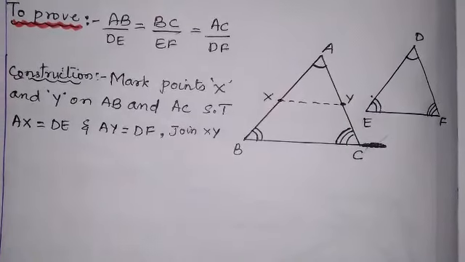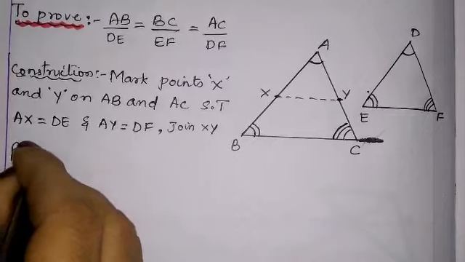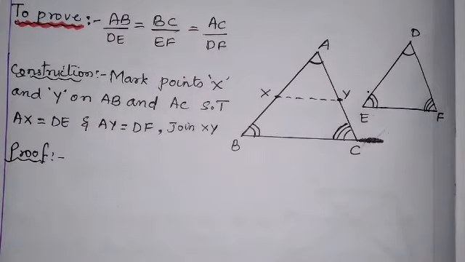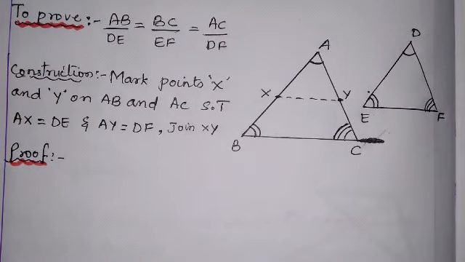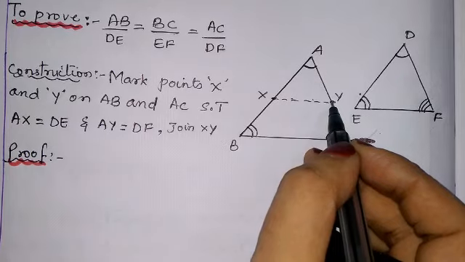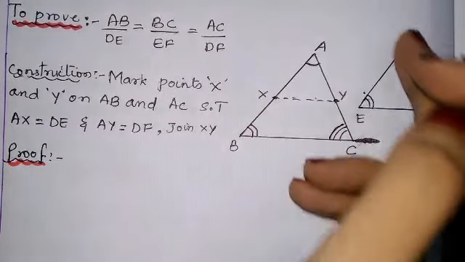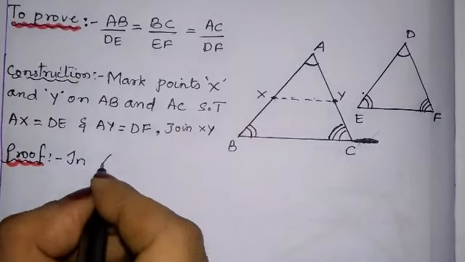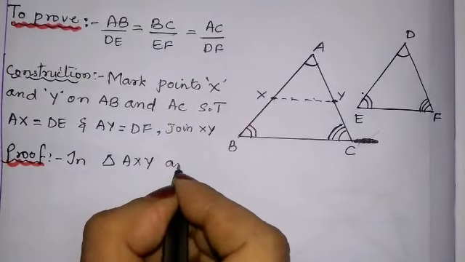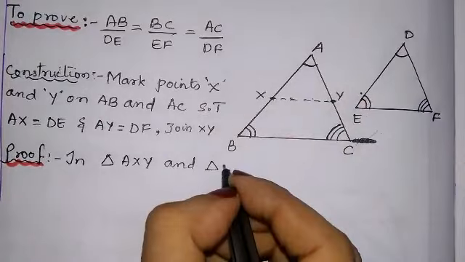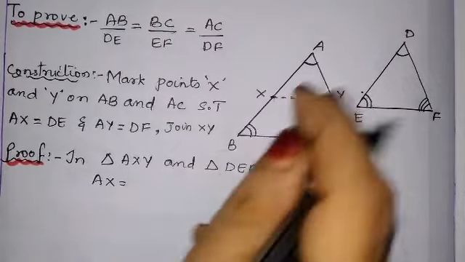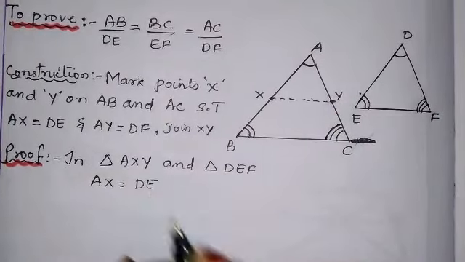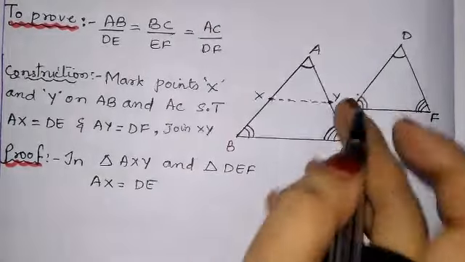Now the very important part we are learning now, the proof. I'll highlight here: proof. We have drawn a small triangle by construction. Let us consider this upper triangle and this triangle. In triangle AXY and triangle DEF, what all things are equal? AX equals DE, just now we have done the construction. AY is equal to DF.